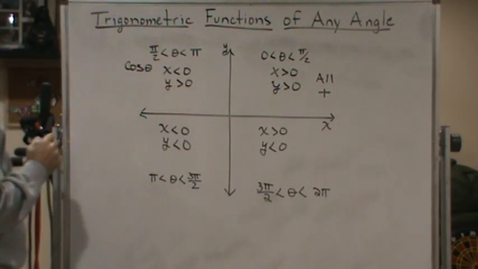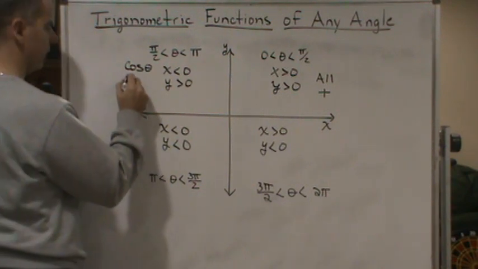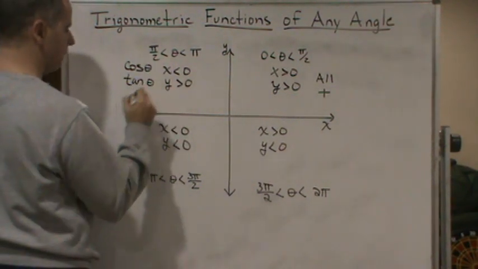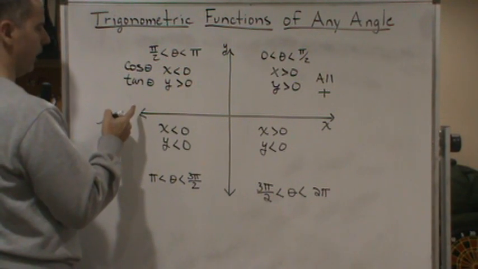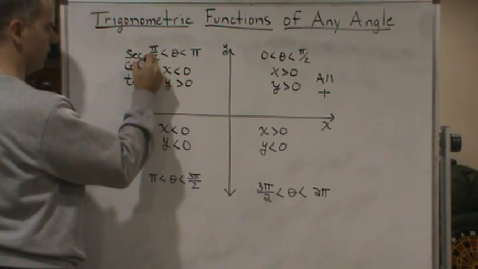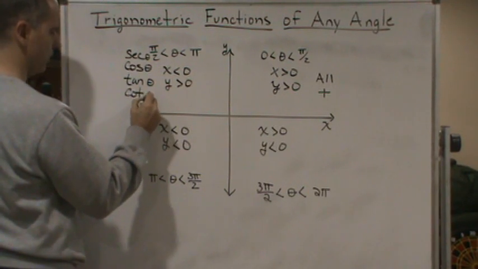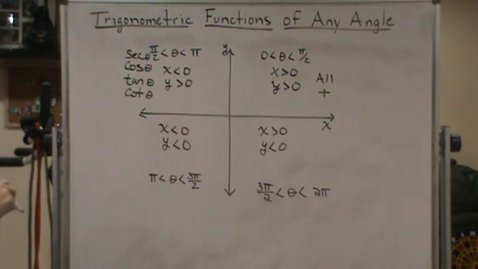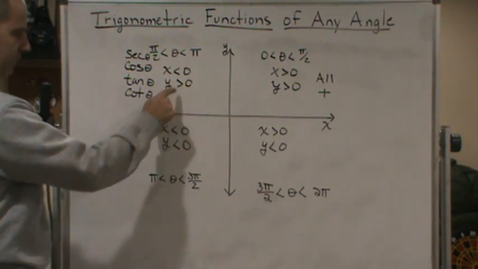Cosine and tangent, which means secant and cotangent are all negative. Sine and cosecant are positive because y is positive.